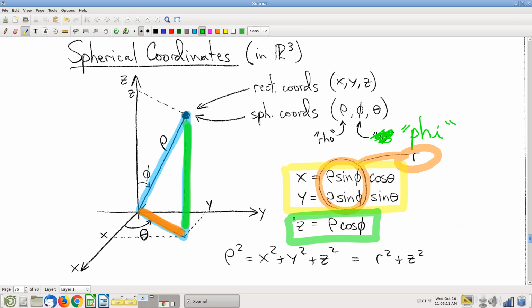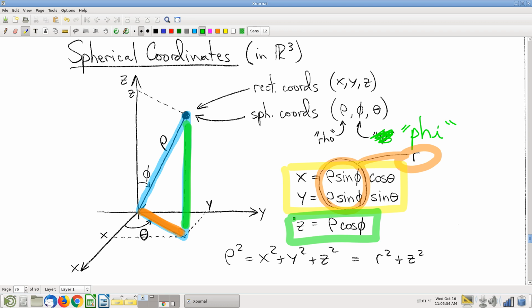I see students who, oh gosh, everything is good here except the student wrote down x equals rho cosine phi cosine theta, and y equals rho cosine phi sine theta, and then z equals rho sine phi. They just get it backwards because they memorized and they didn't think through the picture. Okay. So make sure you understand the picture.